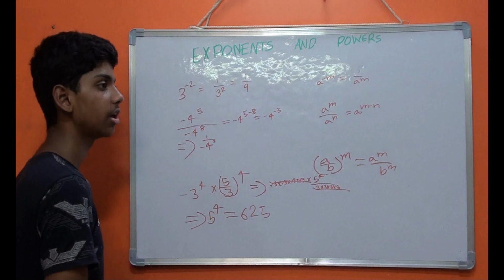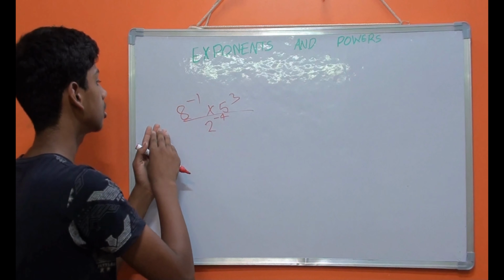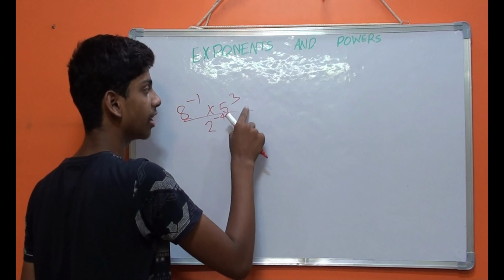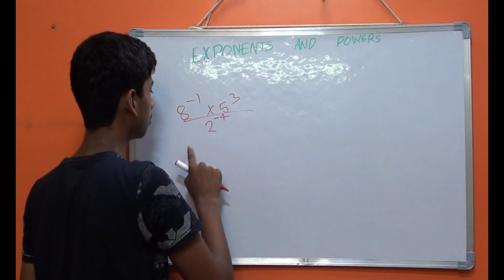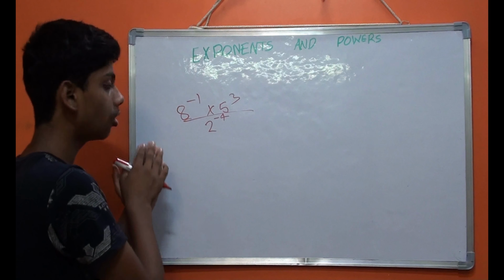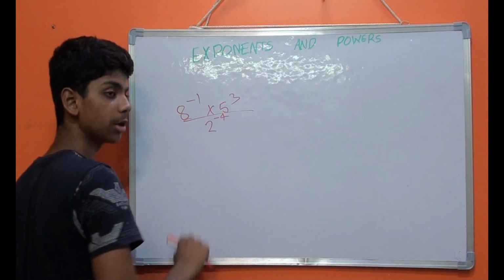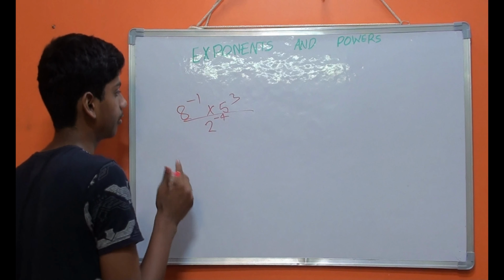Now let's go on to our next question. So friends, this is our next question, which is 8 power minus 1 into 5 power 3 by 2 power minus 4. Now we are going to solve this question. First, 8 can be written as 2 power 3.